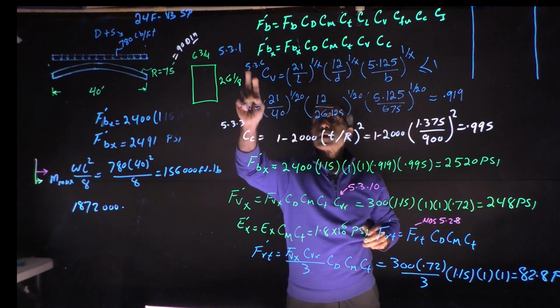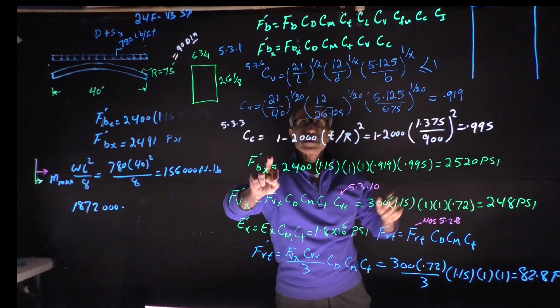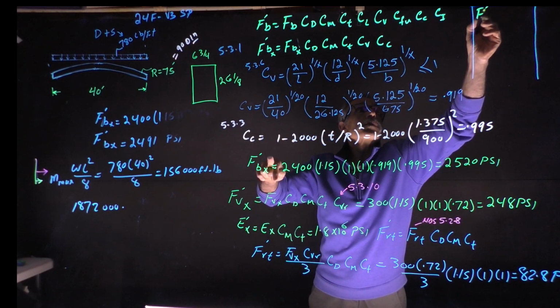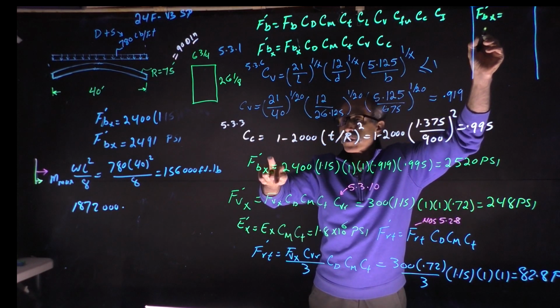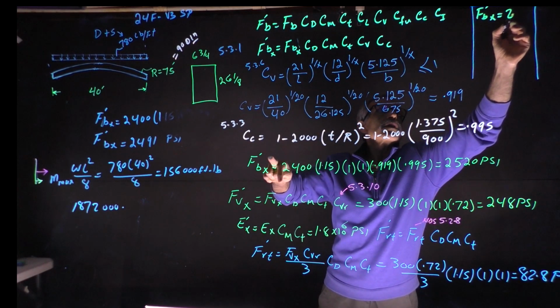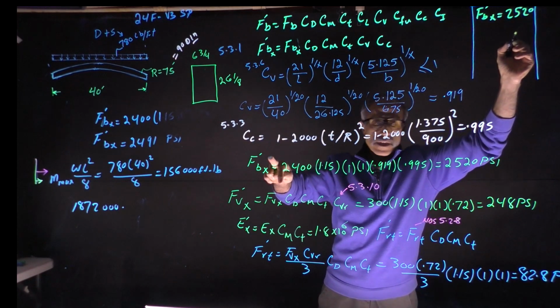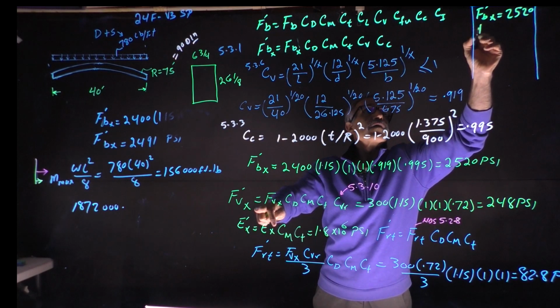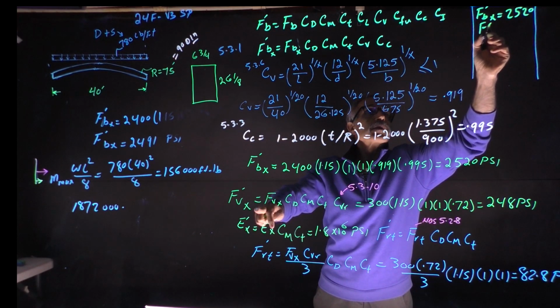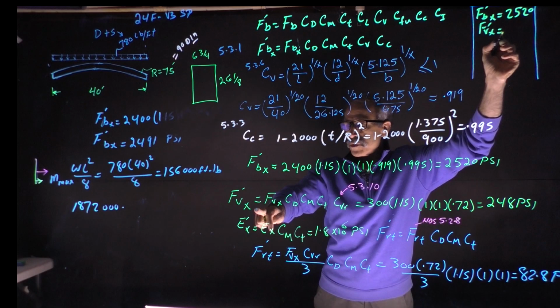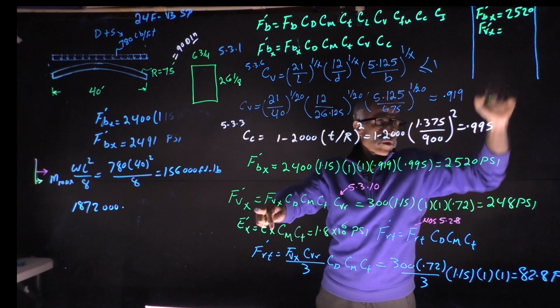I had F'bx, that came out to 2520, and F'vx, that came out to 248.